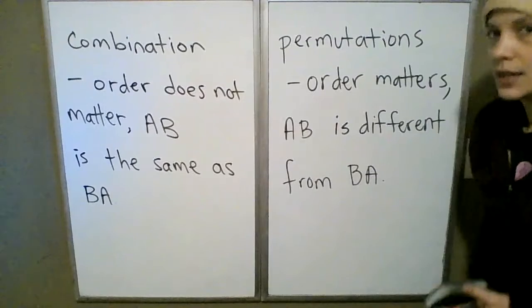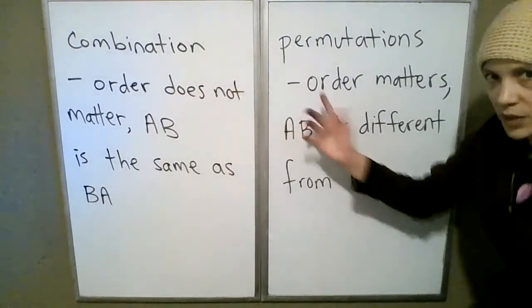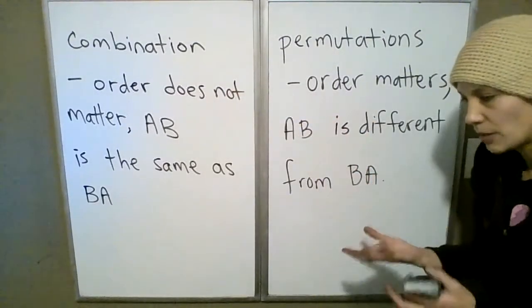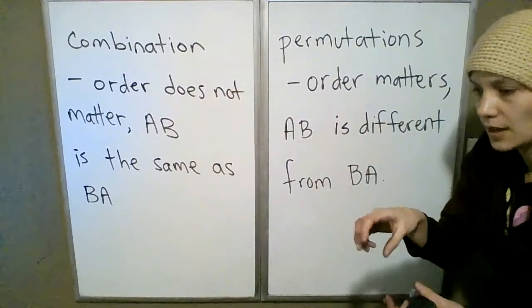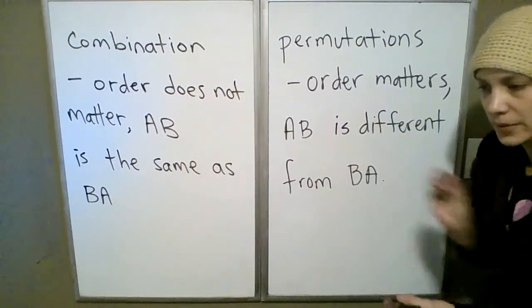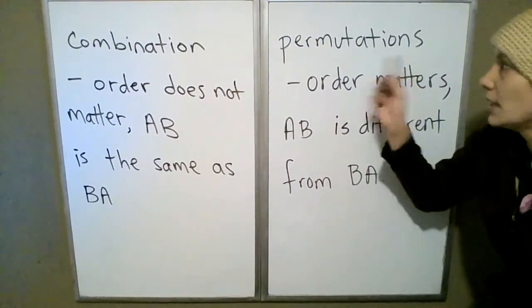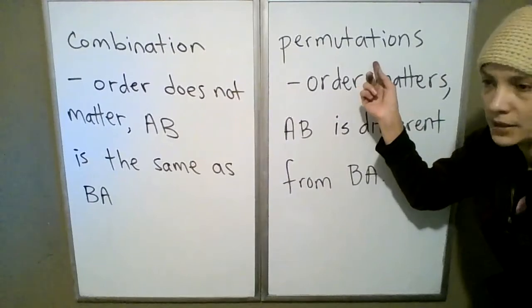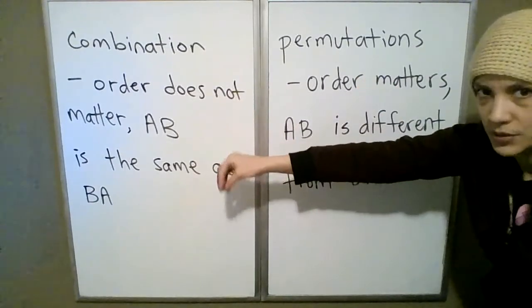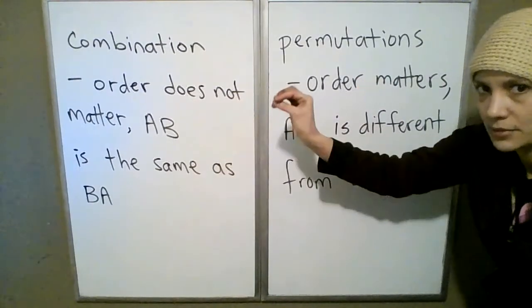So for either of these, you have a group of objects, and you select a few objects from that group. Here, the selection order matters. Here, you just take any few objects out of the total.